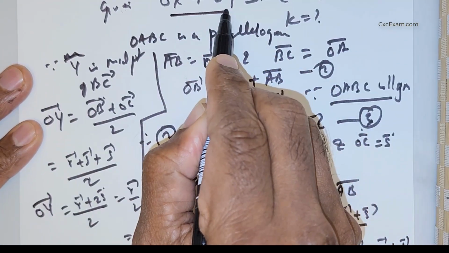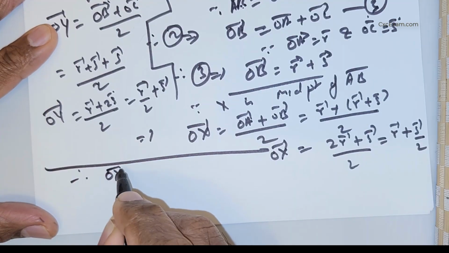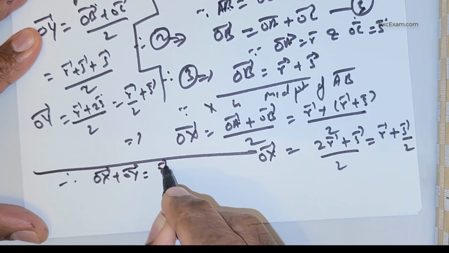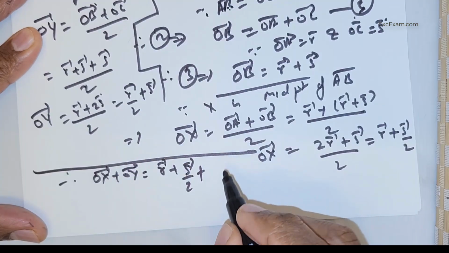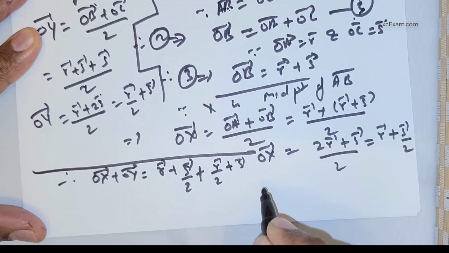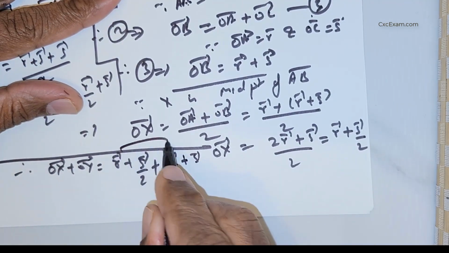Now this is given, isn't it? So therefore OX plus OY, OX is what? R vector plus S vector over 2, OY is what? R vector over 2 plus S vector. So I can club these two together.